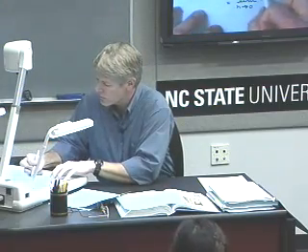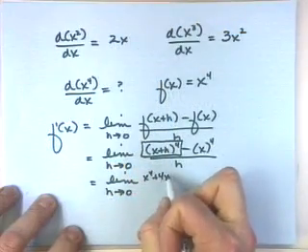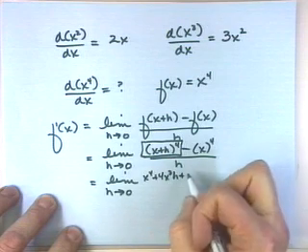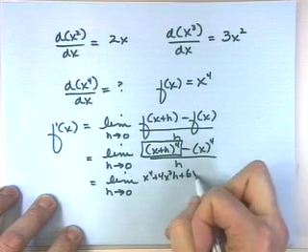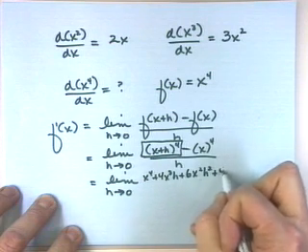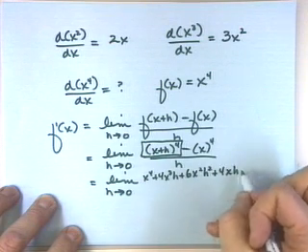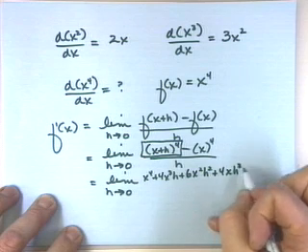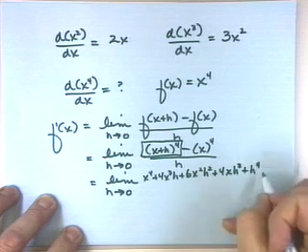Okay, let's see. Here we are. X plus h to the fourth: x to the fourth, plus 4x cubed h, plus 6x squared h squared, plus 4x h cubed, plus h to the fourth.